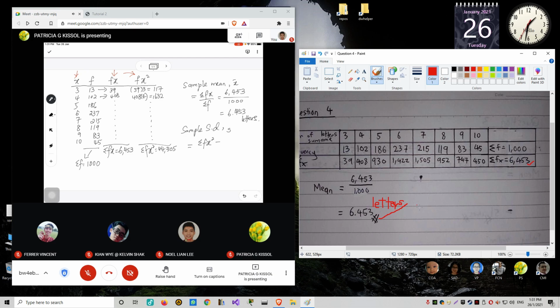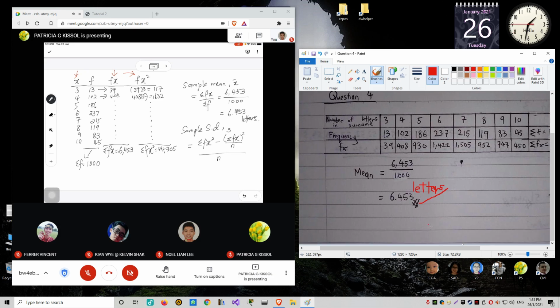I'll discuss this on Monday again. Notice the difference from the one that we did just now: instead of summation x squared only, we have summation fx squared. That's the only difference, because the data we're discussing now has the frequency value.